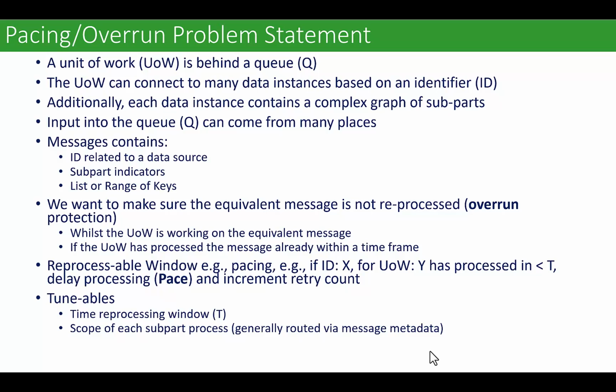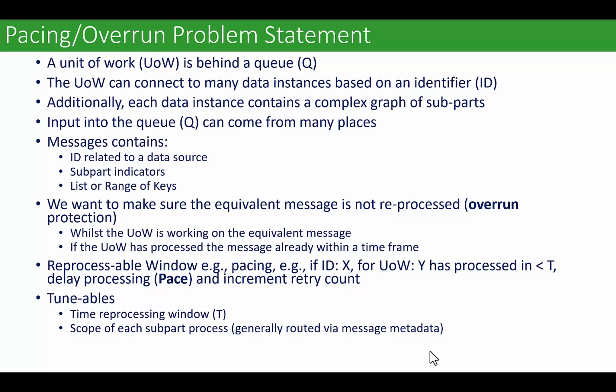We want to make sure that the equivalent message is not reprocessed. That's called overrun protection. If your code is truly reentrant, you have sort of first level overrun protection, because after the message is validated, the bad message would stop processing and be thrown to dead letter, right?